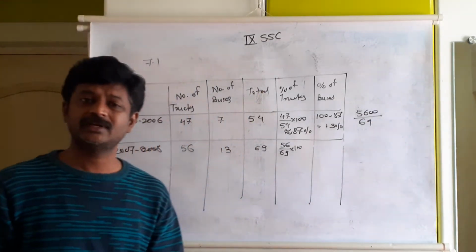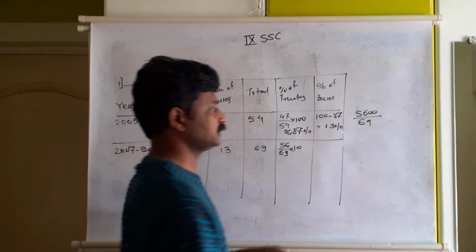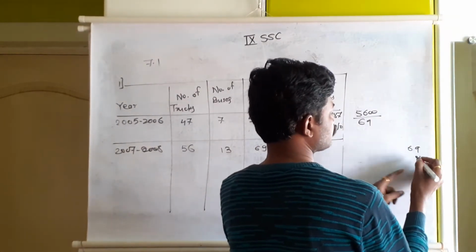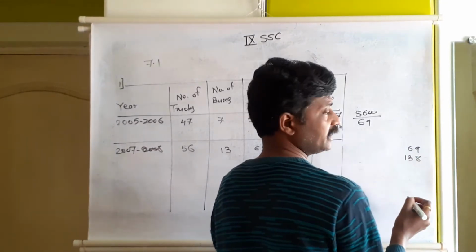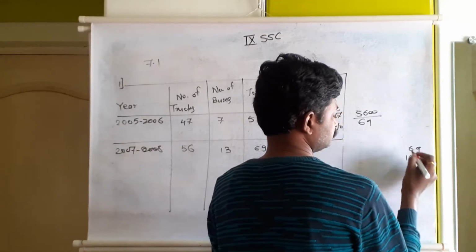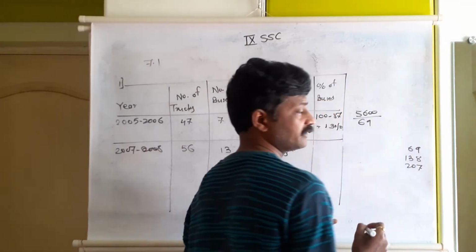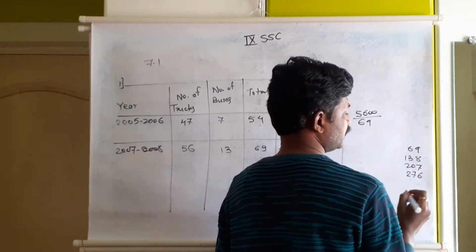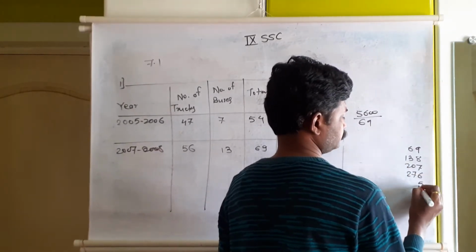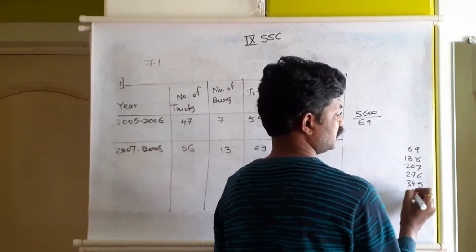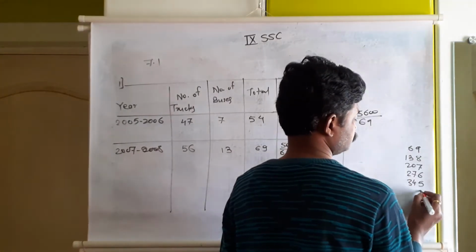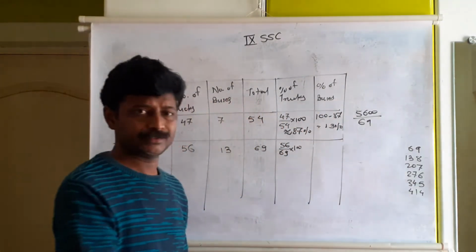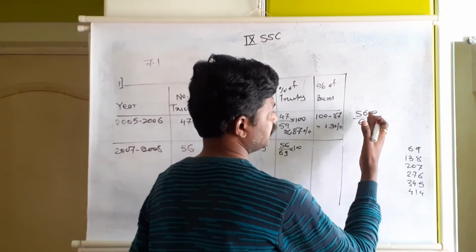So the table of 69 will be required. We'll form the table of 69. First 69 1s are 69, then 2s are 138, then 3s are 207, then 4s are 276, 5s are 345, 6s are 414. If required, we'll continue that table. Yes, it is needing 560 here.